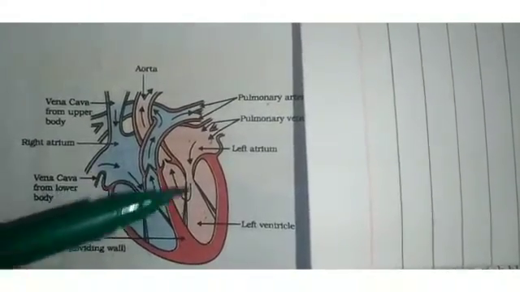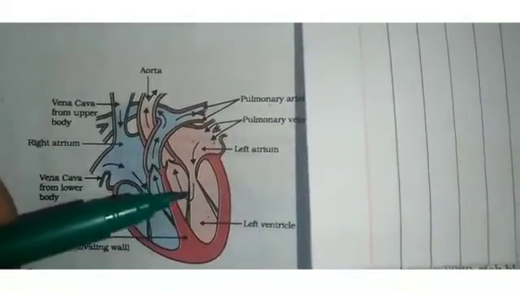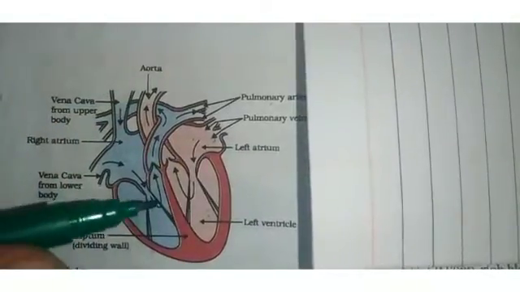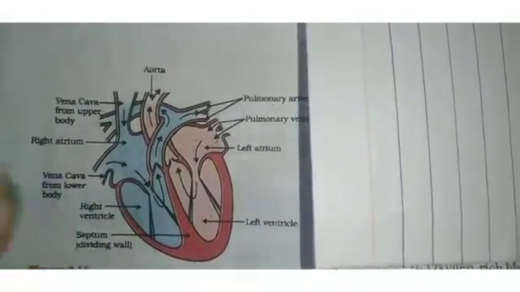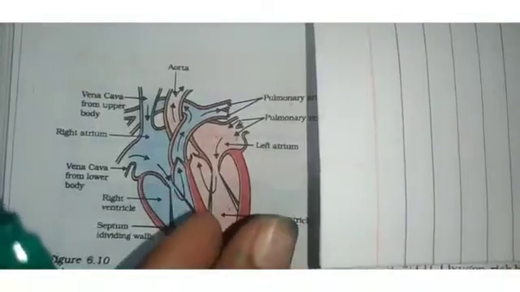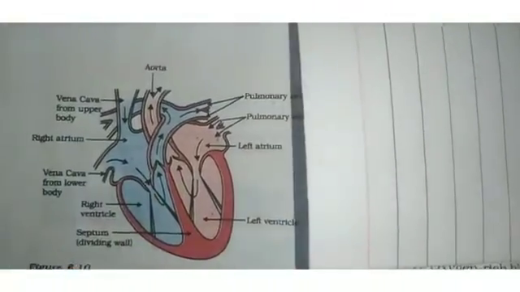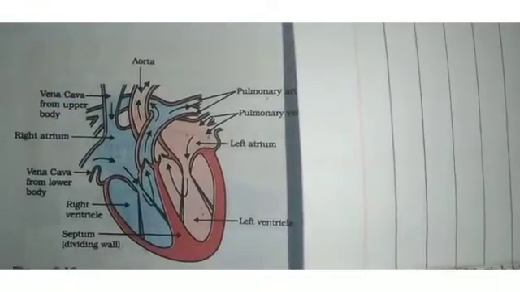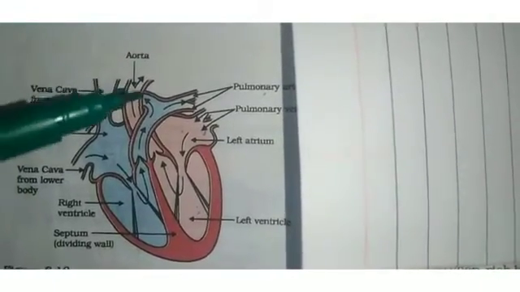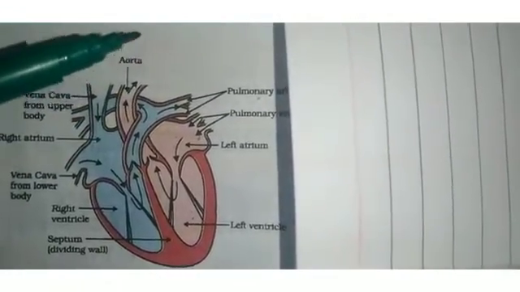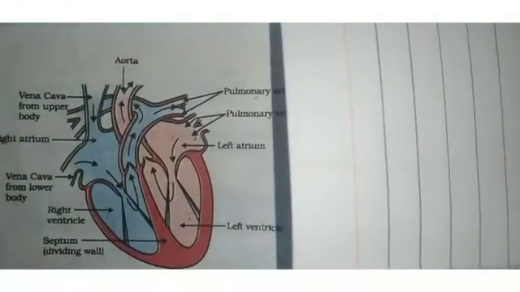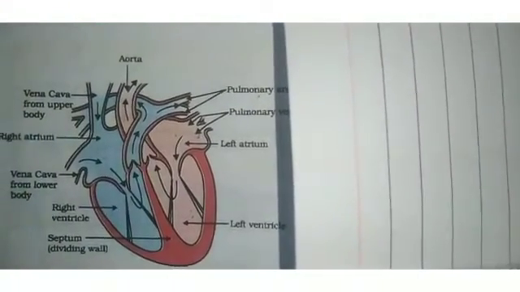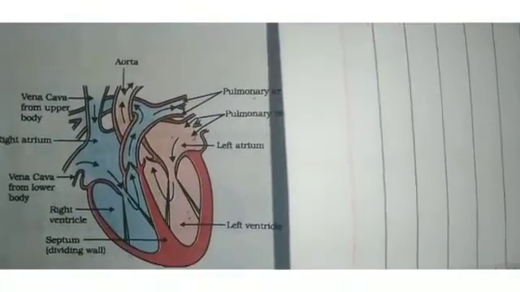When the muscular left ventricle contracts, the blood is pushed to the different parts of the body. The blood is pumped out of the heart and given to each and every cell with the help of arteries and capillaries.